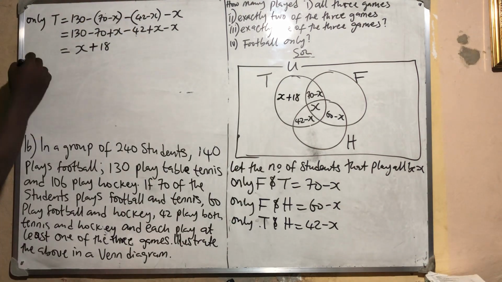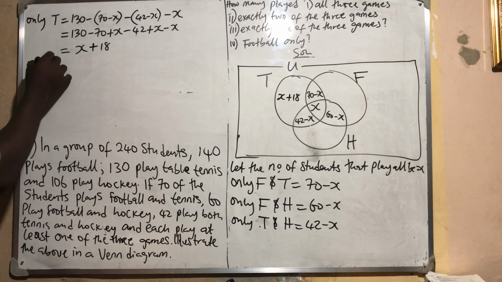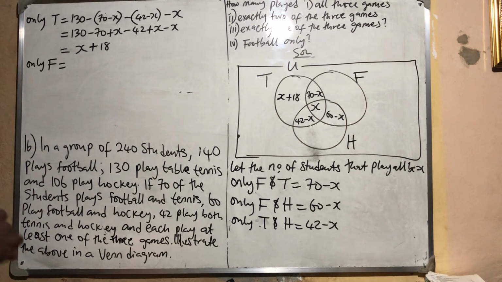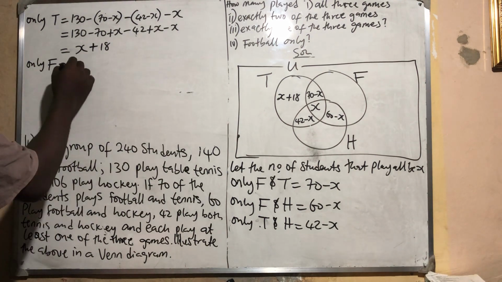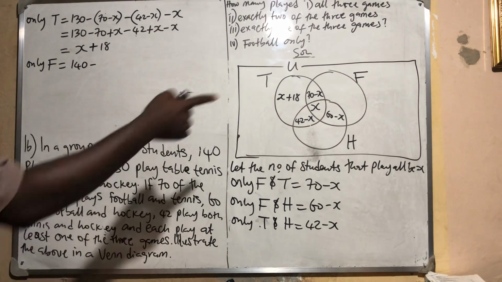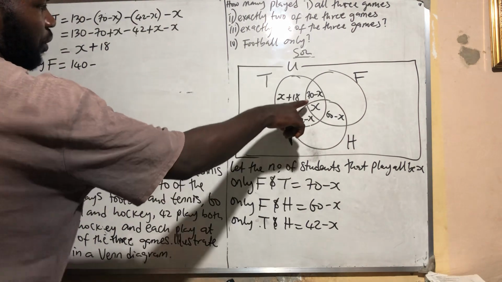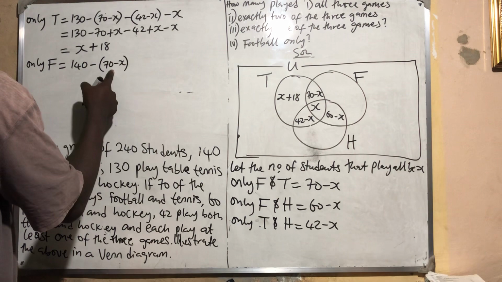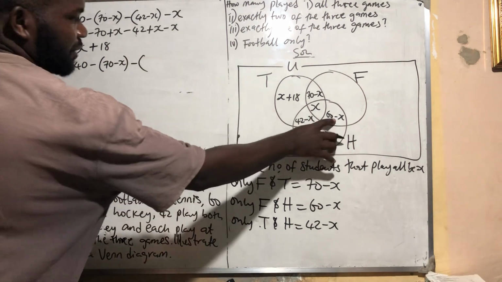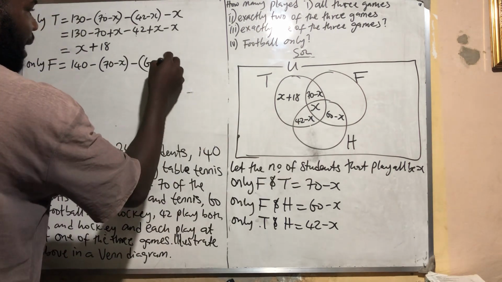All right. So let's go to the next one. Only football. Now they said that 140 plays football. They did not tell me only. So I must say 140 minus everything that entered inside of football. The first person that entered is what? 70 minus x. It must be in bracket with minus. The next person that entered is what? 60 minus x.